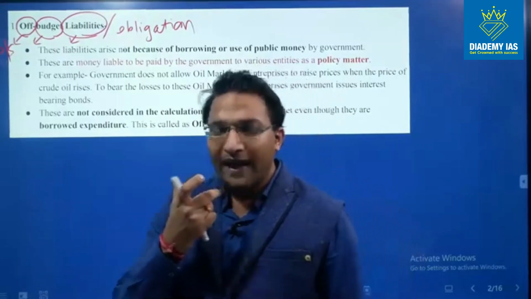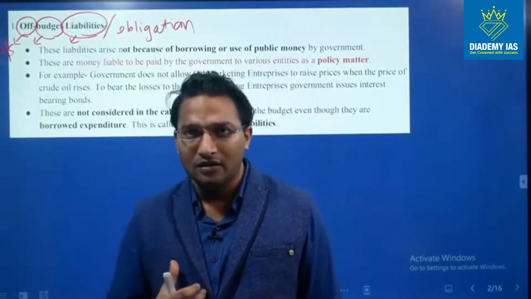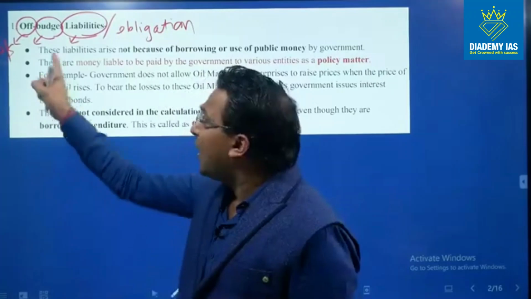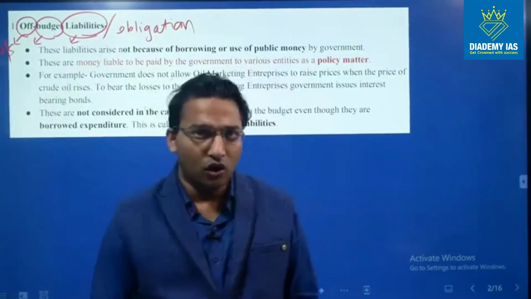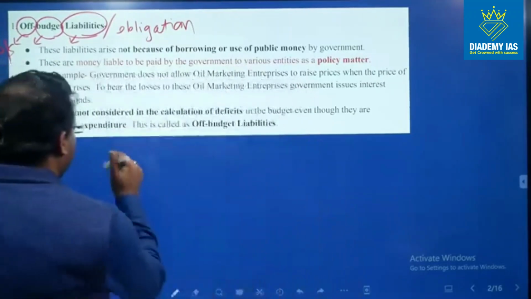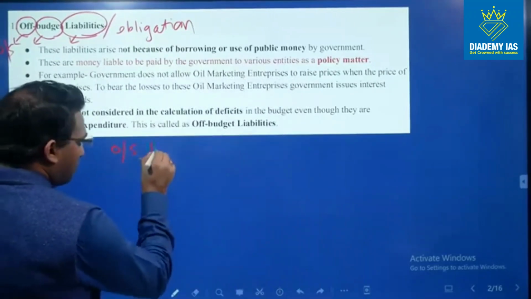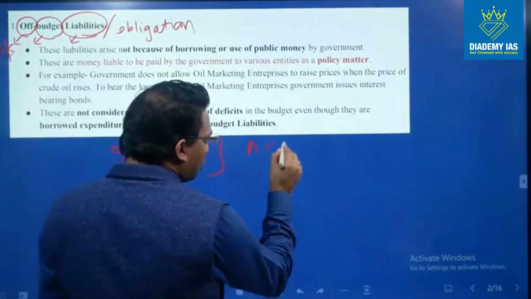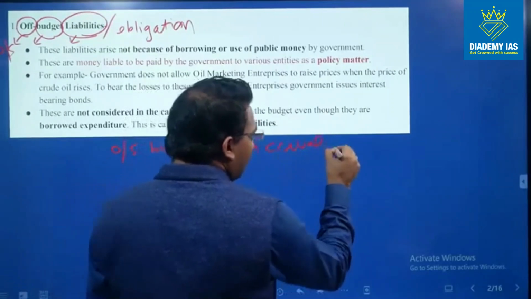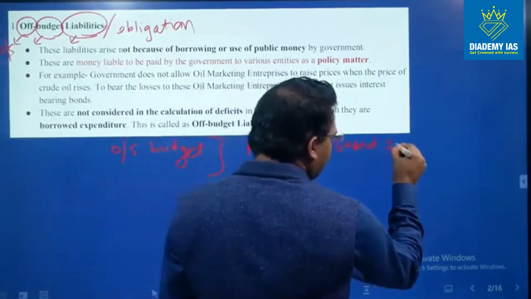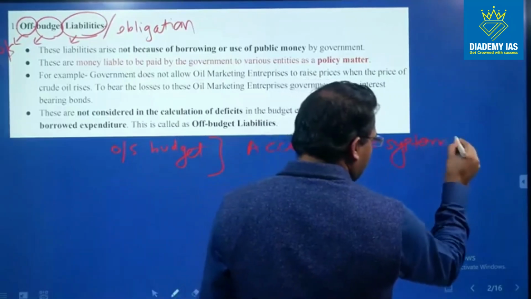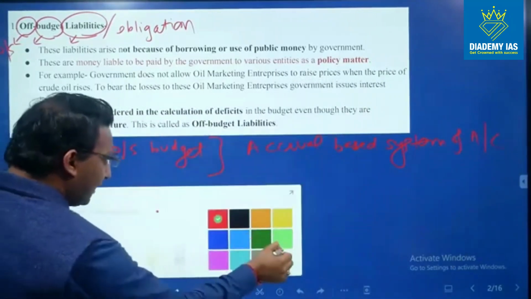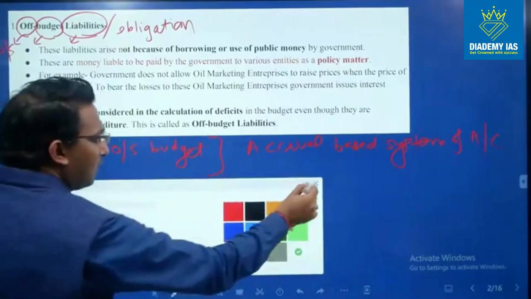Now, any obligation which has to be paid by the government, why is it not part of the budget? Why is it outside the budget? This is outside the budget because we follow an accrual based system of accounting.